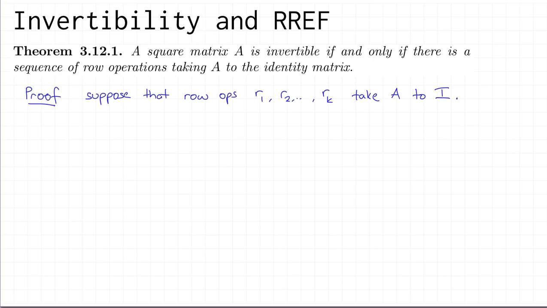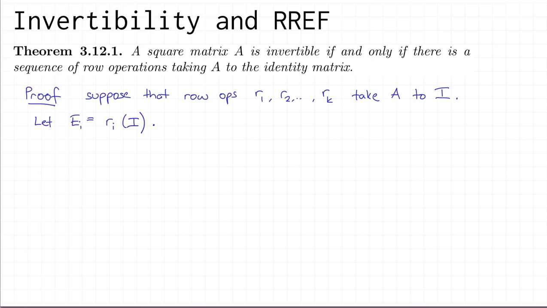So if you do R1, then R2, then R3, and so on, to the matrix A, eventually you end up with the identity matrix. You know that doing a row operation is equivalent to left multiplying by an elementary matrix. So let Ei be the elementary matrix corresponding to the ith row operation, so it's Ri of the identity.